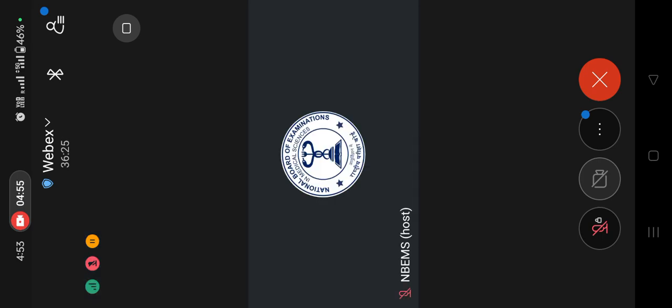Now again, just try to move the arrow. Do the right click of the mouse or touchpad. I'll try sharing again.